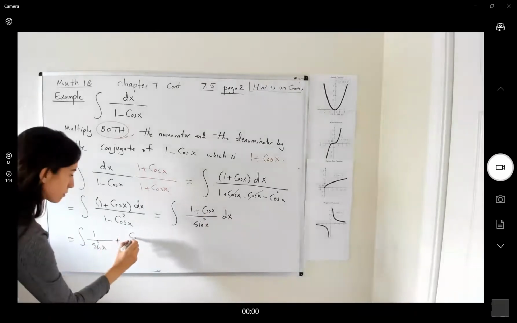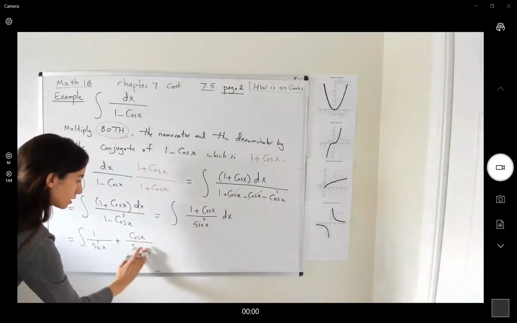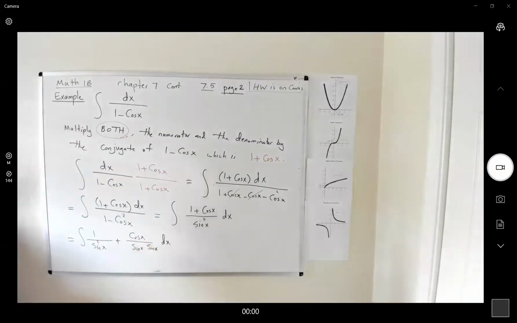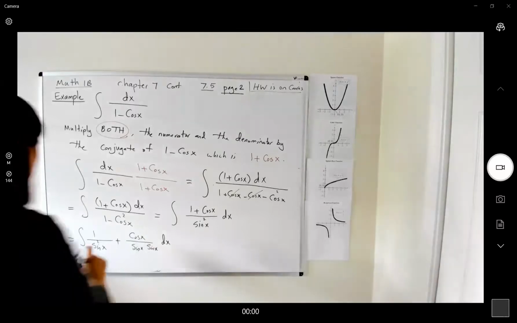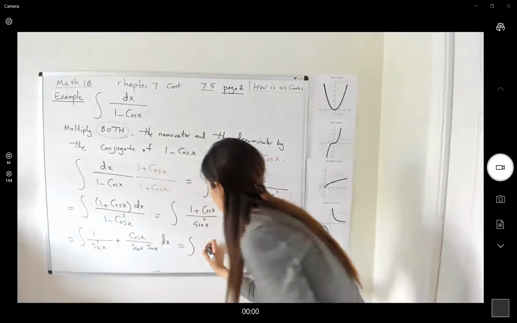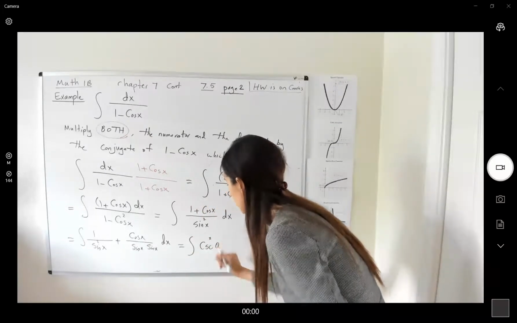plus cosine x divided by sine x times sine x dx. This integral is 1 over sine squared, which is equal to the integral of cosecant squared of x.